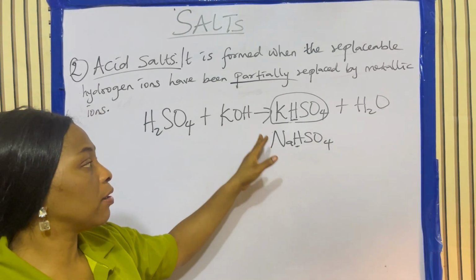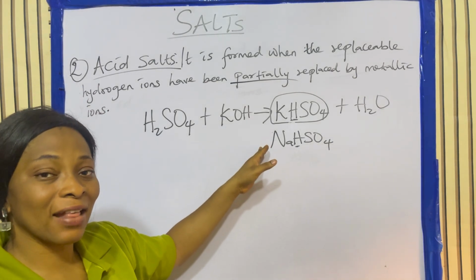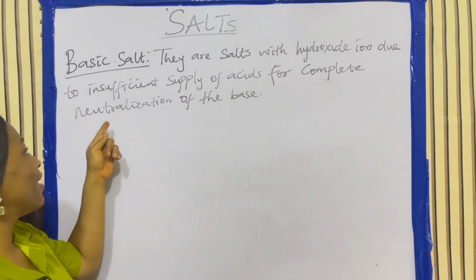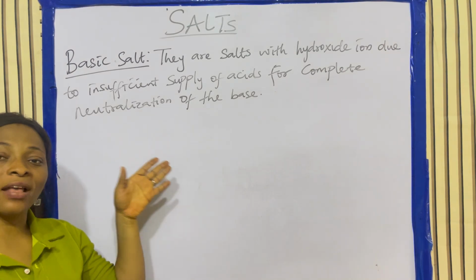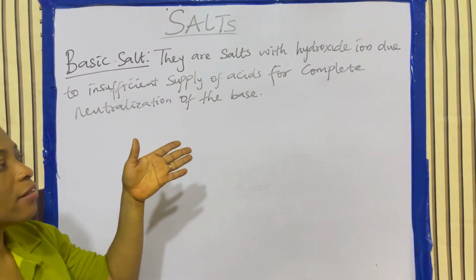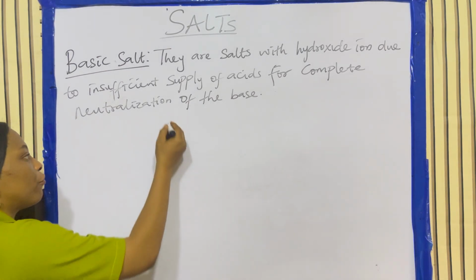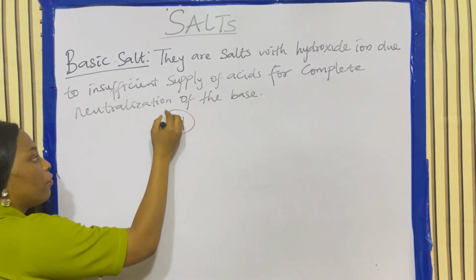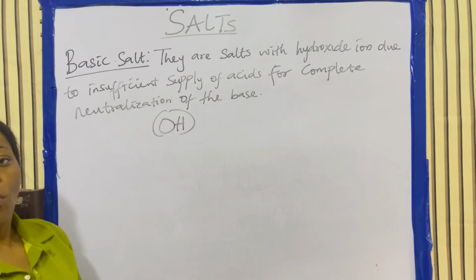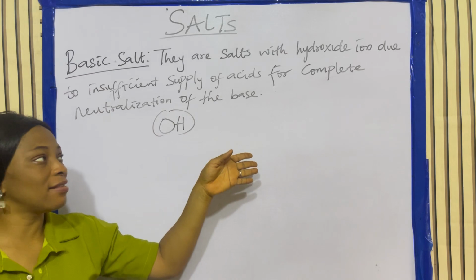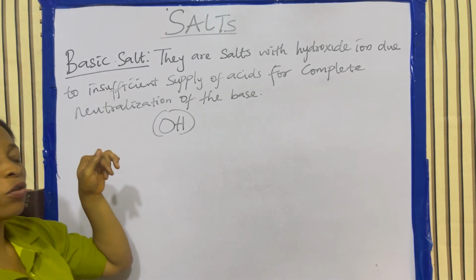Hence, it has been partially replaced. Okay, so let's look at basic salts. Basic salts are those salts with hydroxide ions. They contain what we call hydroxide ions. Why? Because they have insufficient supply of acid for complete neutralization of the base.